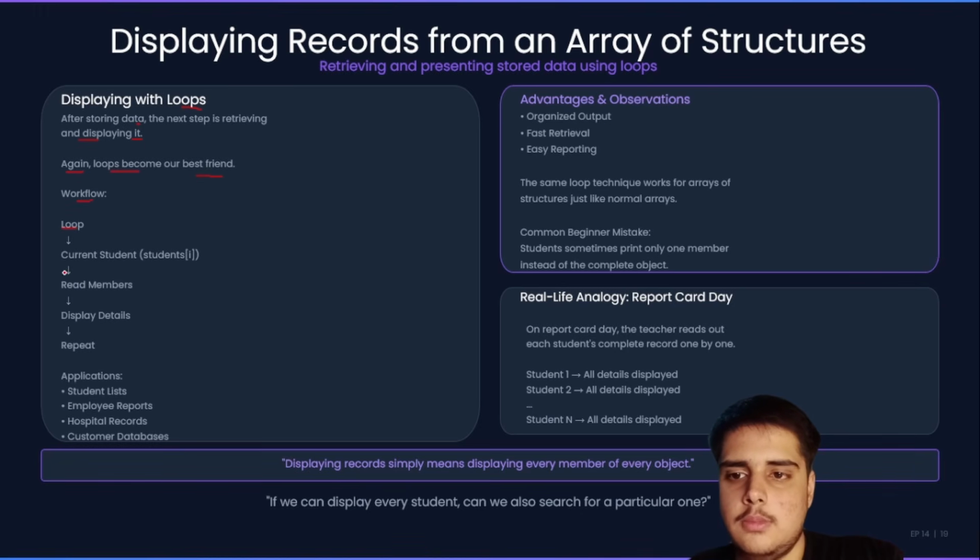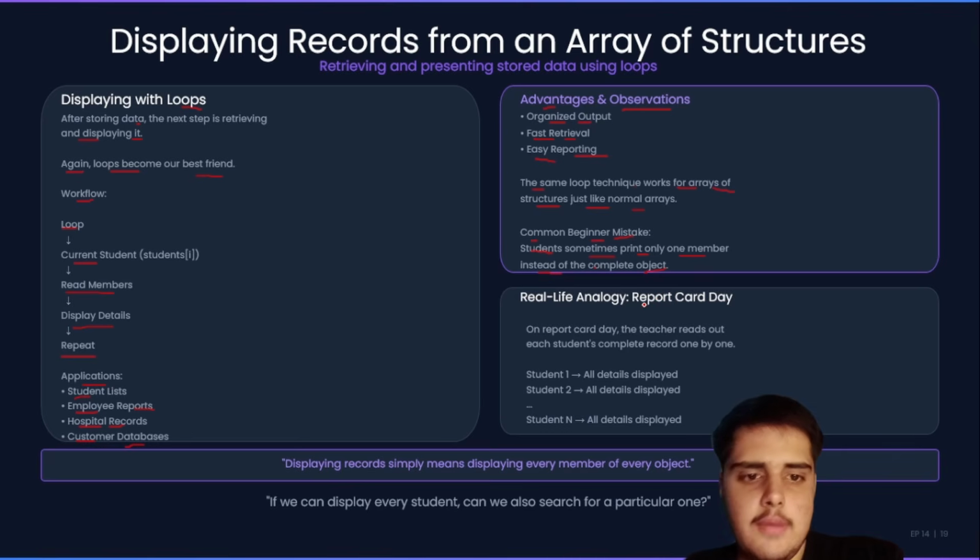The workflow is loop, current student, read members, display details, repeat. Applications are student list, employee reports, hospital records, customer databases. The advantages and observations are organized output, fast retrieval, easy reporting. The same loop technique works for arrays of structures just like normal arrays. But there are common beginner mistakes, like students sometimes print only one member instead of the complete object.